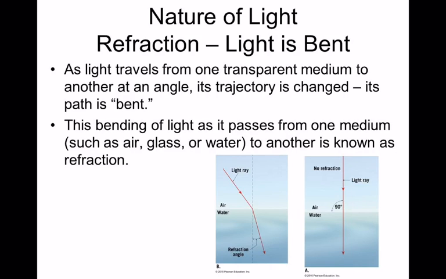So the example here is two mediums: we have light that is going from air into water. I'm not going to get into the nitty-gritty of it, but there's this thing called the refractive index of a substance. Diamonds have a different refractive index than water. And the refractive index is an indication of how fast light will travel in that medium.